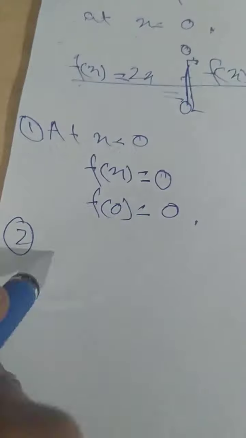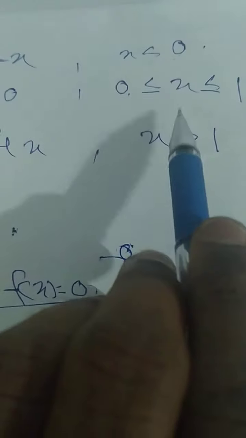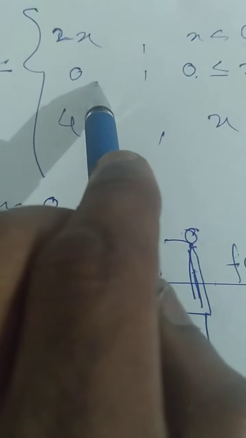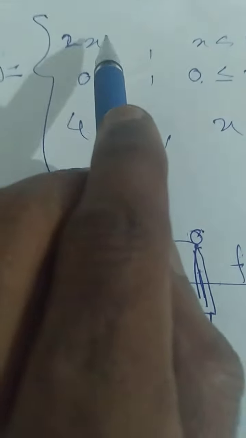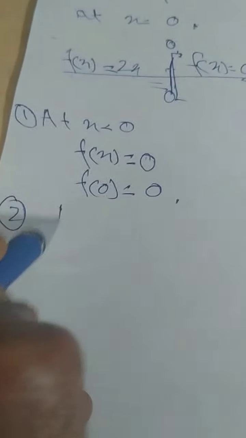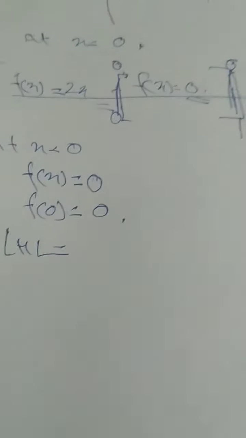Next, since the function for values less than 0 and for values greater than 0 is defined in different manners, I have to find the limits by using the LHL and RHL method only.